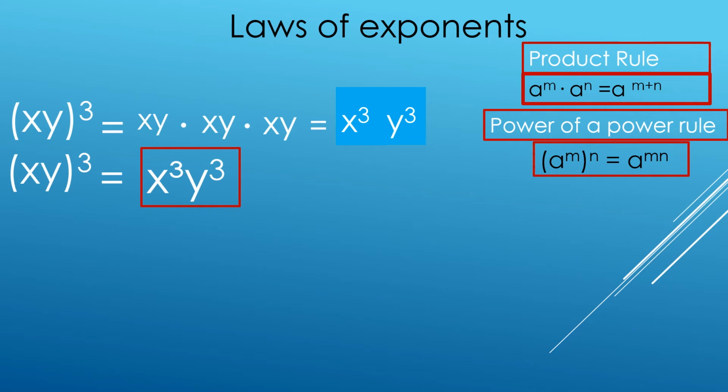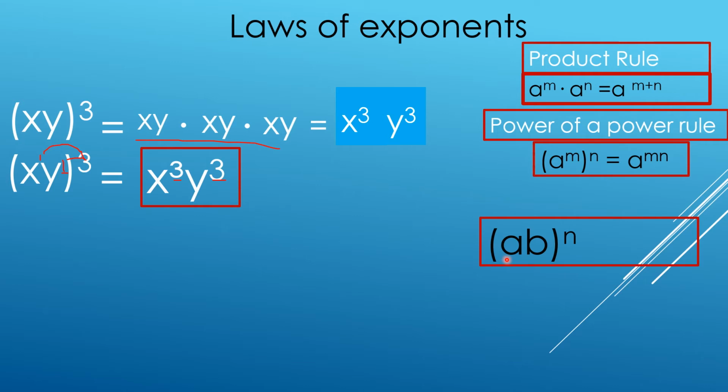Now, how are we going to do that without expanding? By simply multiplying the exponent of x, understood to be 1, by the outside exponent 3. That is equal to 3. Same with y, 1 times 3, and that is 3. So now, if I have the quantity ab raised to n, look at this one.